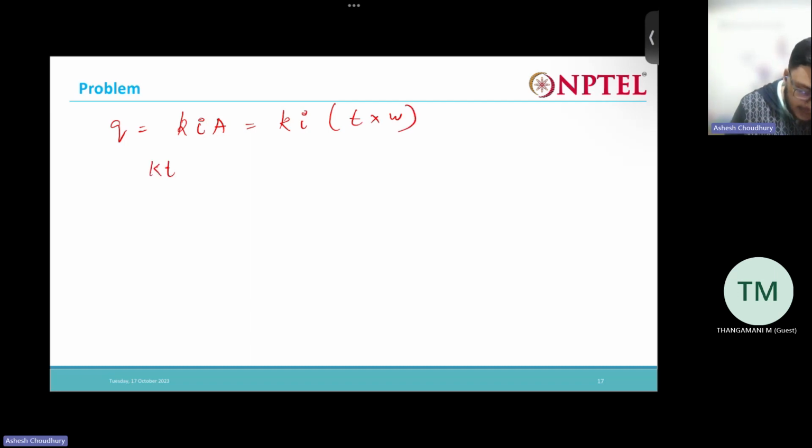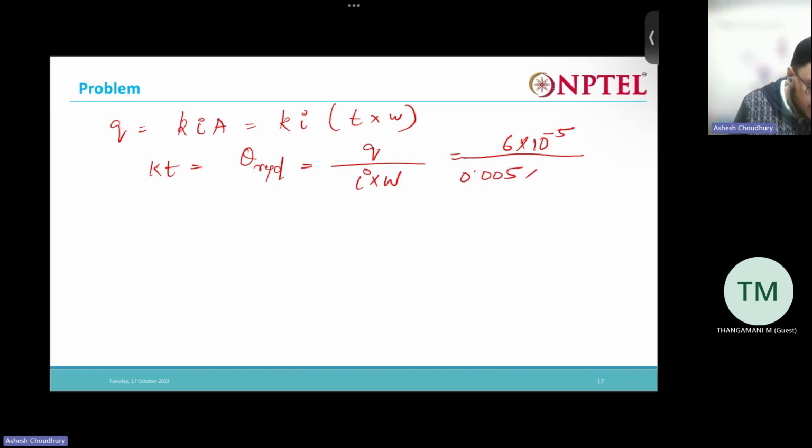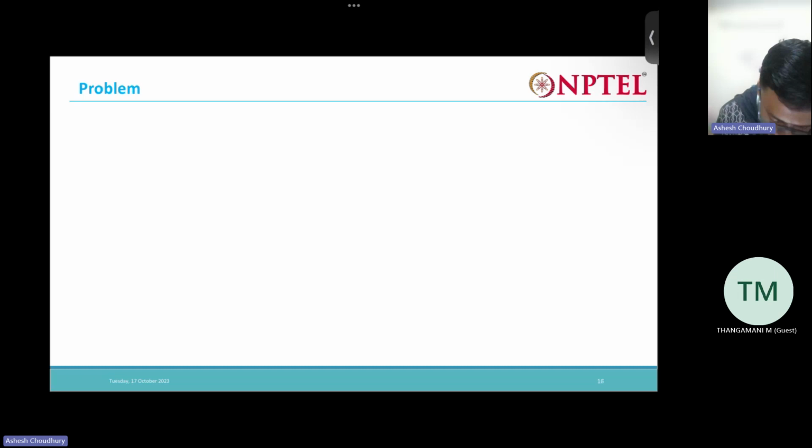So what is kt? kt is the transmissivity required, nothing but Q by i into width. Q is 6.9 into 10 to the power minus 5. We have solved a lot of similar problems, right? i is 0.005. We will get 0.139 per minute.